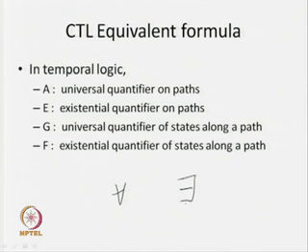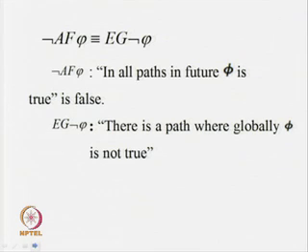So, a similar notion will be available with our temporal path quantifiers A, E and the state quantifiers F, G. For that we are going to get some equivalent formulas. The first equivalent formula is: not of A F phi is equivalent to there exists a path globally not phi.